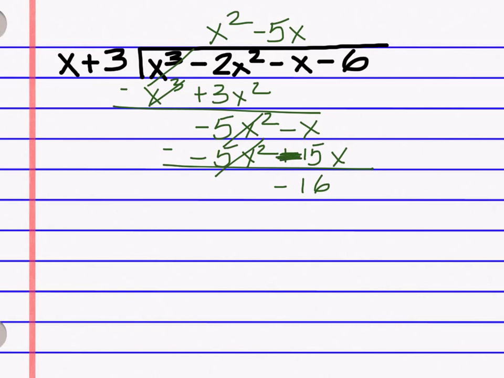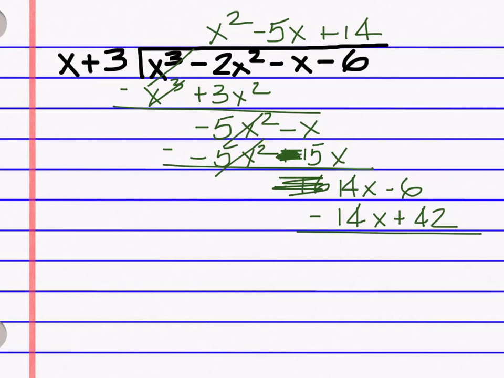I made a small mistake there. That should be a minus 15. So negative x minus a negative 15x would be a positive 14x. And then we'll drop the minus 6 and come up with plus 14 to have 14x plus 42. And when we subtract, these are gone, and negative 6 minus 42 is a negative 48. So your remainder is negative 48.